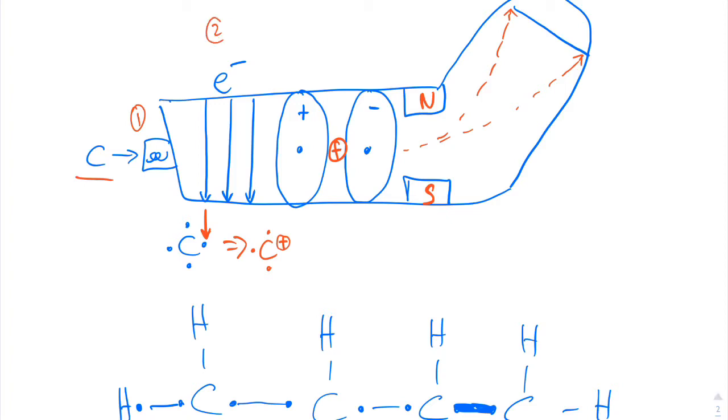The second step we see right here was the ionization step. We bombard our substance with electrons. It's a bit like a waterfall of electrons. As that carbon moves forward, eventually it gets into that stream of electrons.